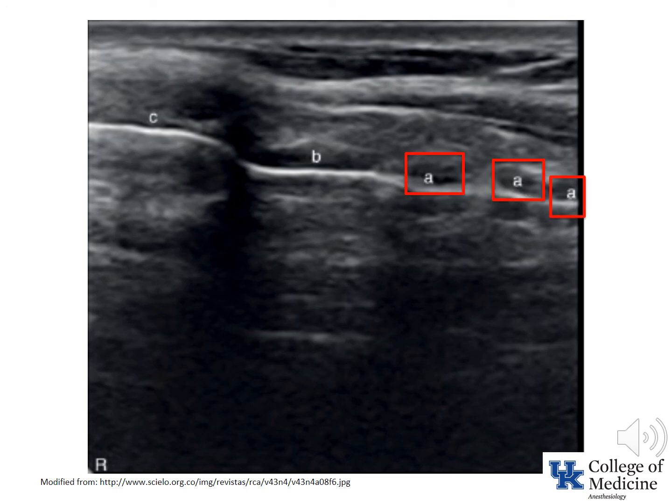The hypoechoic areas labeled A represent the tracheal cartilages. The hypoechoic area designated B is the cricoid cartilage. Notice that it is larger than the tracheal cartilages. While not as clearly visualized as the others, C is the thyroid cartilage. Obviously, the area between the thyroid and cricoid cartilages is the cricothyroid membrane.